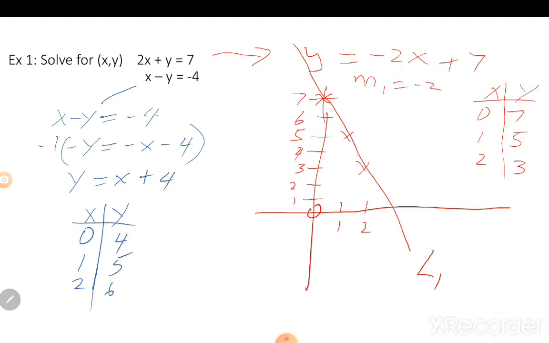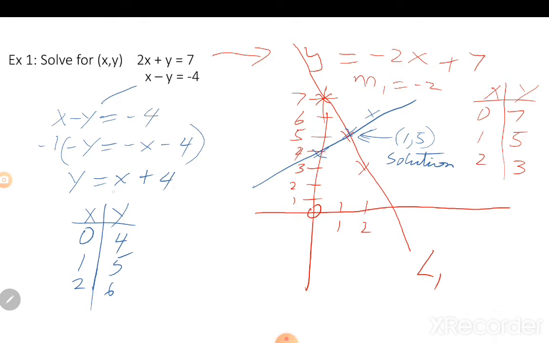So here we have 0, 4. We have 1, 5. So here's our point of intersection. And we have 2, 6. So we have our point of intersection, the point 1, 5. So this would be our solution here, and this is a unique solution.